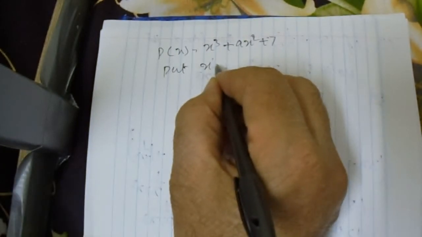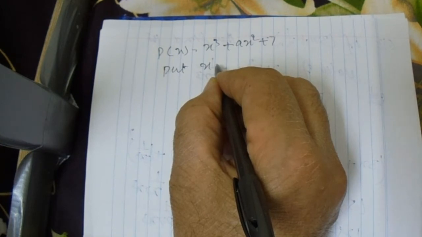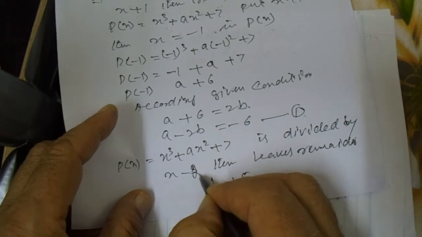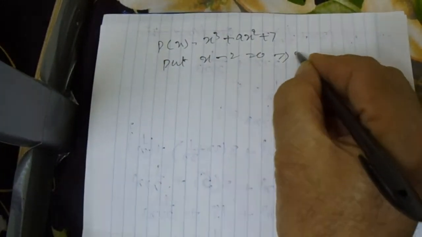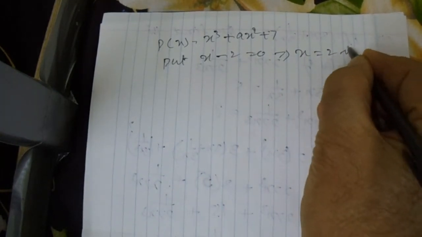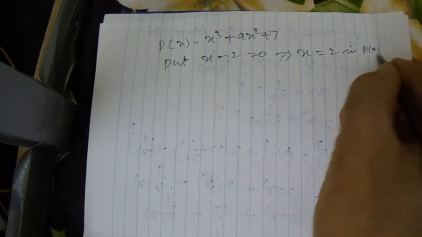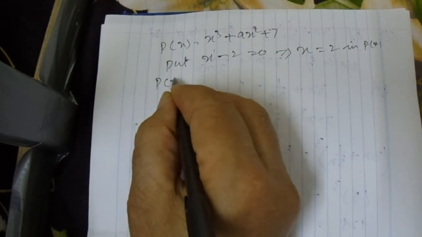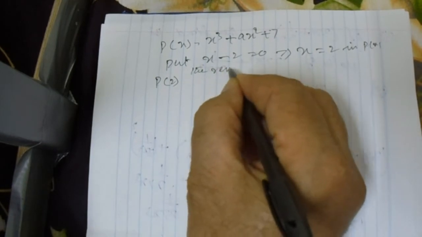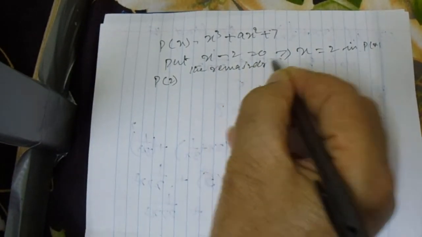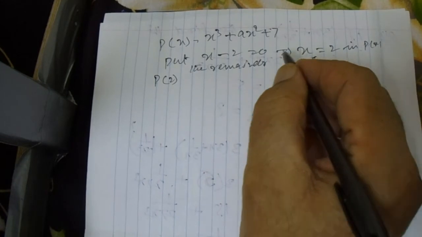Put x − 2 = 0, x = 2 and P(x). Now P(2), the remainder, is b + 5.